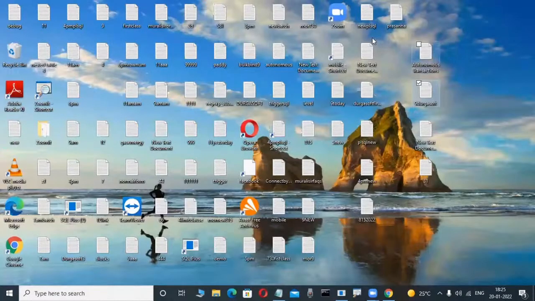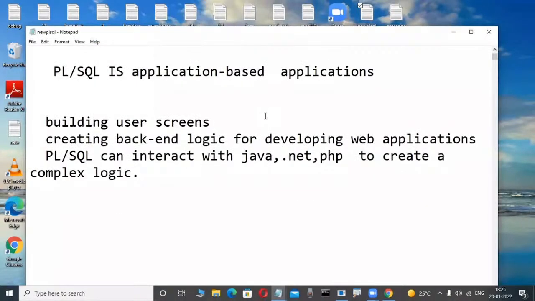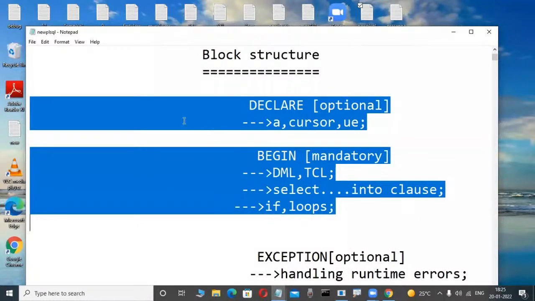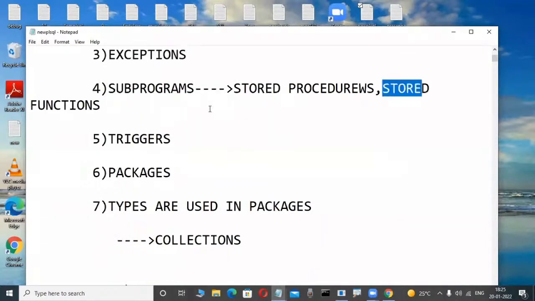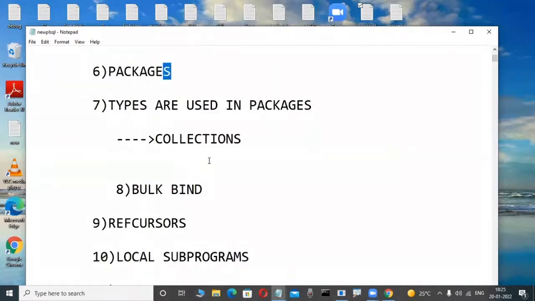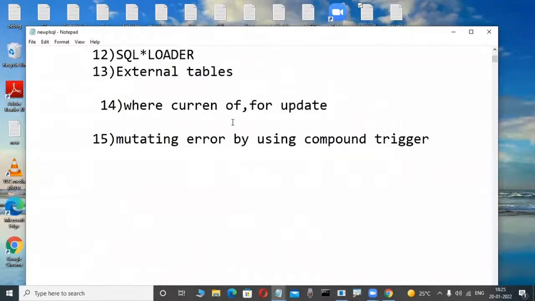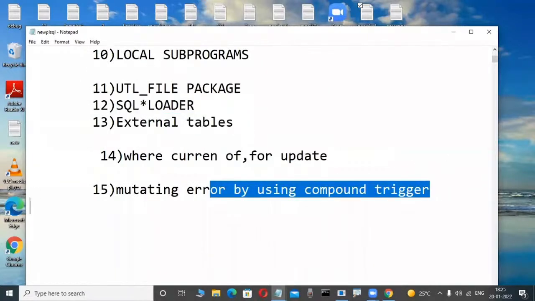Again, PLSQL means some little bit of coding is there. Don't be afraid. This is PLSQL, where you are writing some little bit of coding. In PLSQL there are cursors, exceptions, stored procedures, stored functions, triggers, packages, types, collections, bulk bind, ref cursors, local subprograms, UTL file packages, SQL loader, external tables, so many things like this.